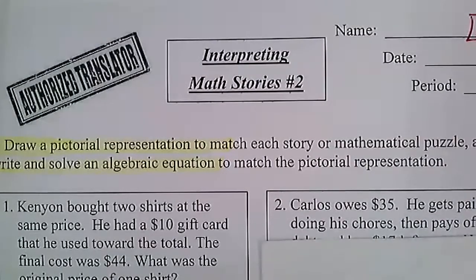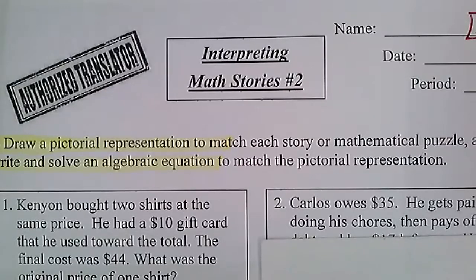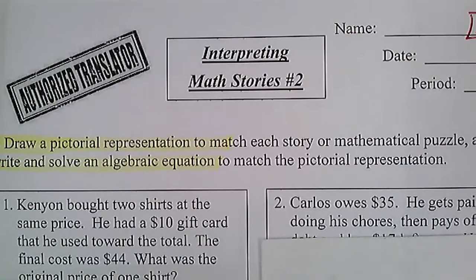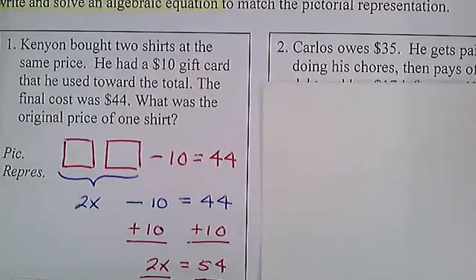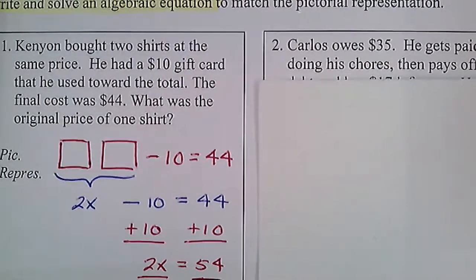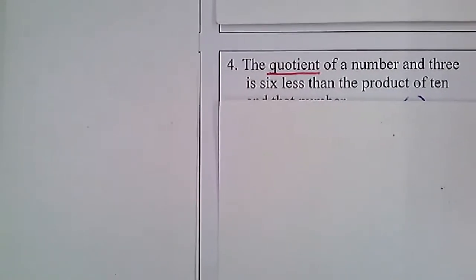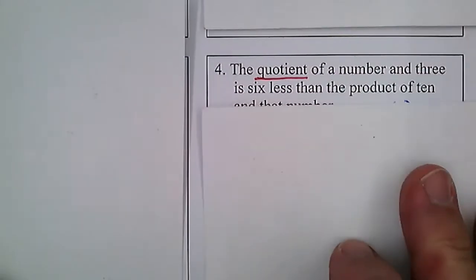So I'm going to actually cover these answers up. And I'm going to walk you through number 4, because that one's a little tricky. Okay, so for homework, you're going to have to complete all of these notes, but you're going to have to do numbers 1, 2, and 3 on your own. And I'll do number 4 with you right now.